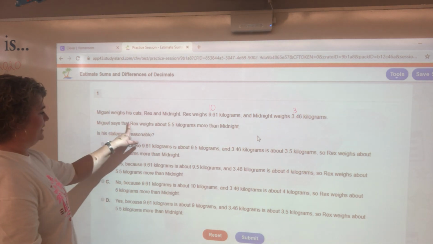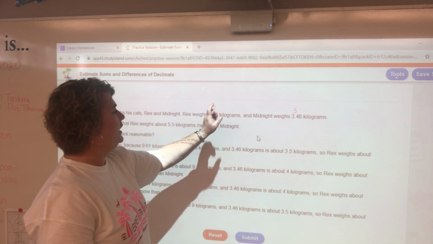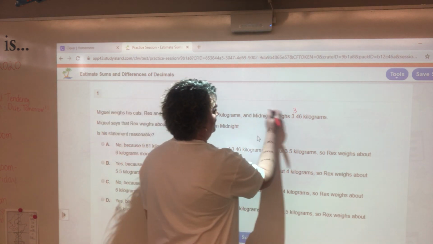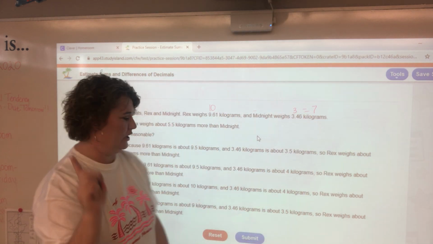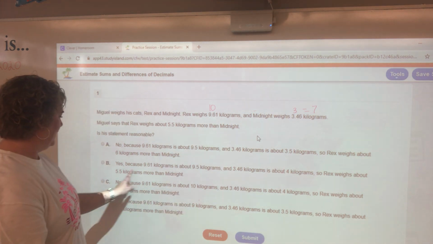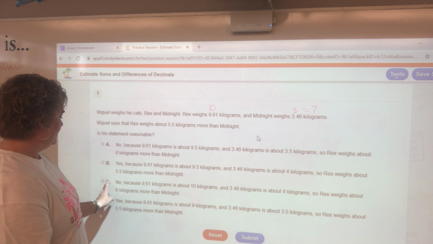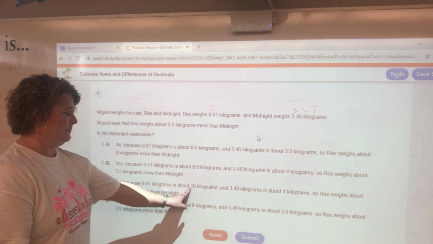Okay, so Miguel says that Rex weighs about 5.5 kilograms more than Midnight. So if we subtract those, 10 minus 3 would get us 7. I think that's the answer, but it might not be. So I'm going to look right down here to where on letter C, it says 9.61 kilograms is about 10.